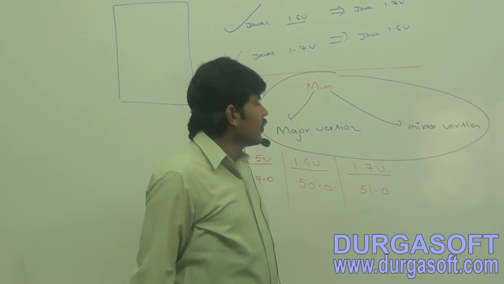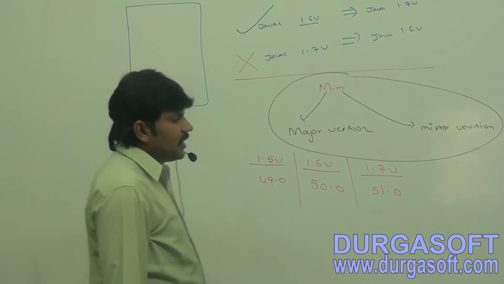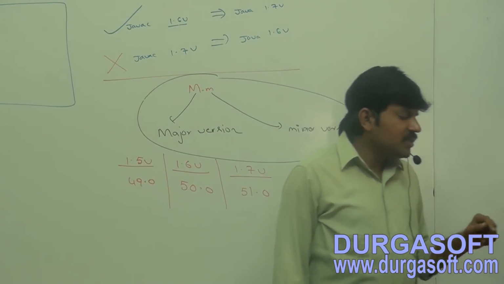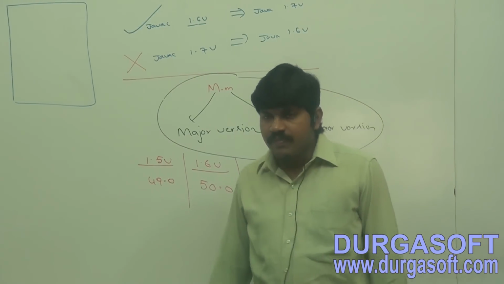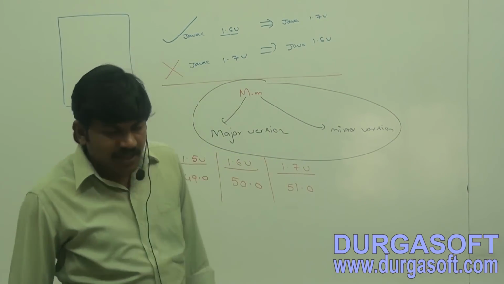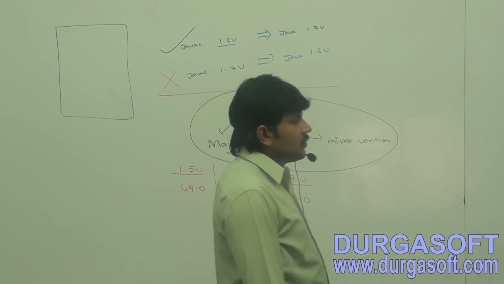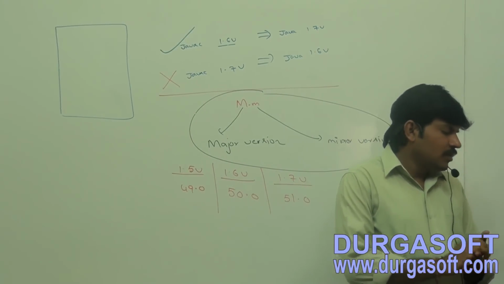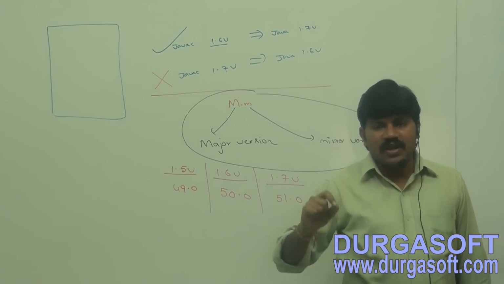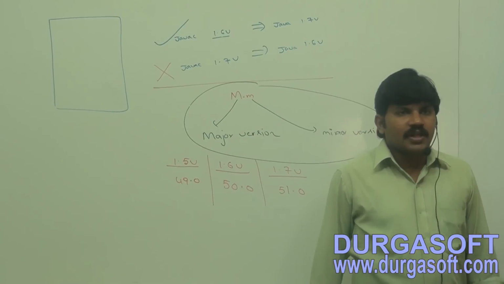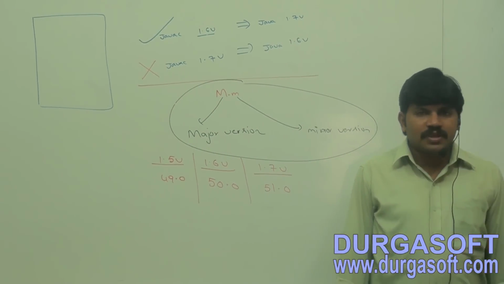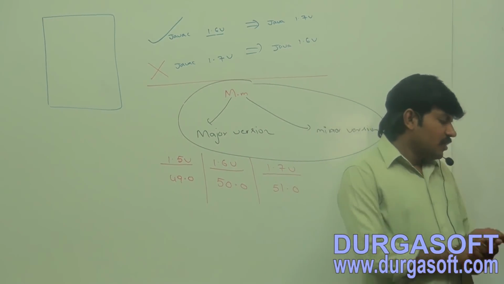At this point, add major and minor versions. Major and minor versions represent the dot class file version.